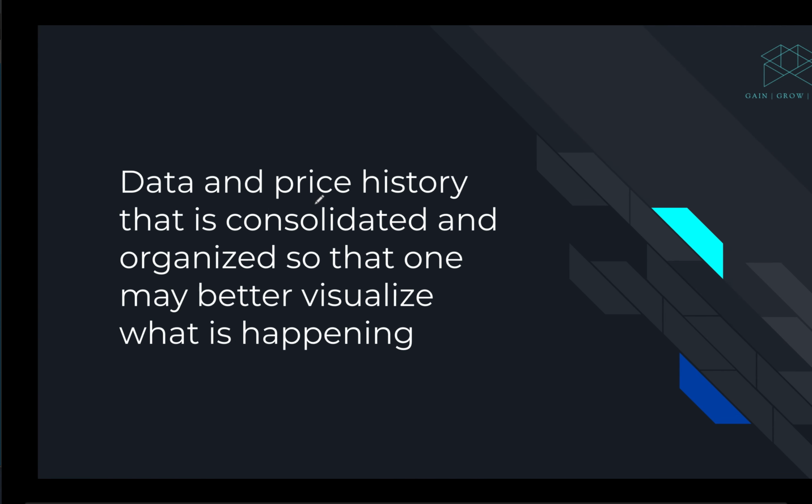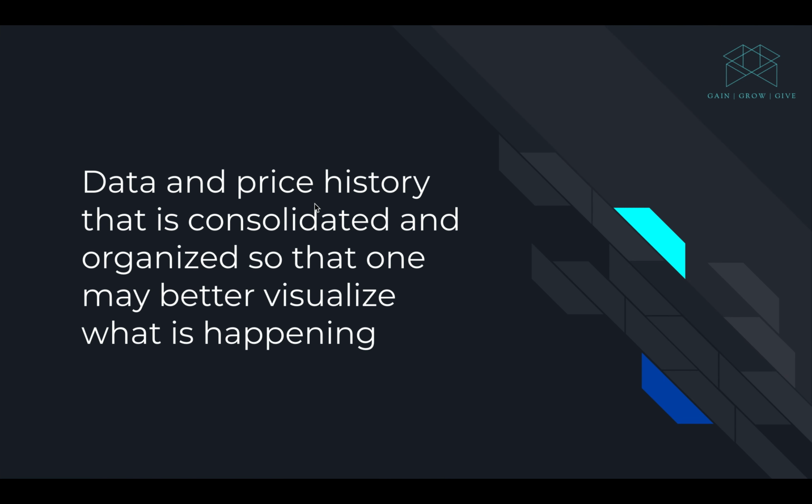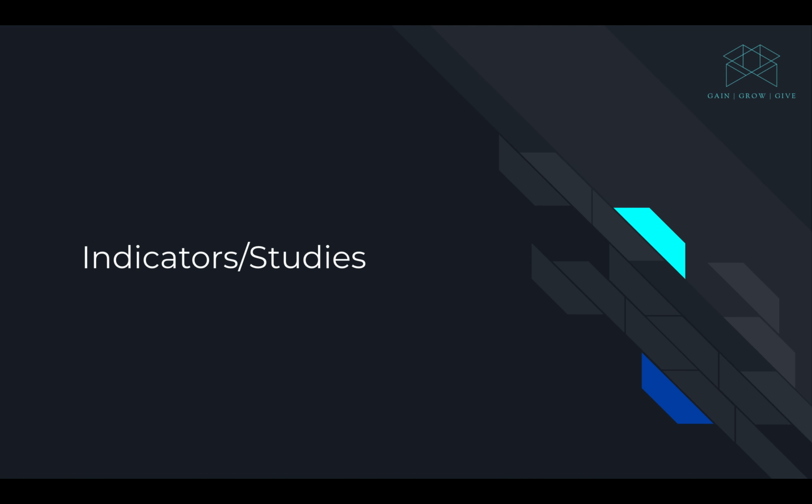But one thing I want to make certain that you understand is that data in terms of indicators and studies are always a lagging indicator. I should have made this a slide on its own, but just remember that it's a lagging indicator.